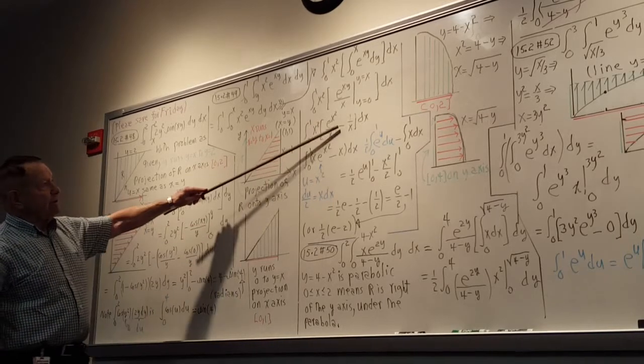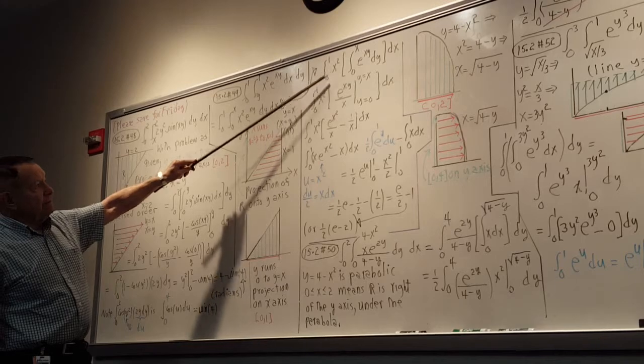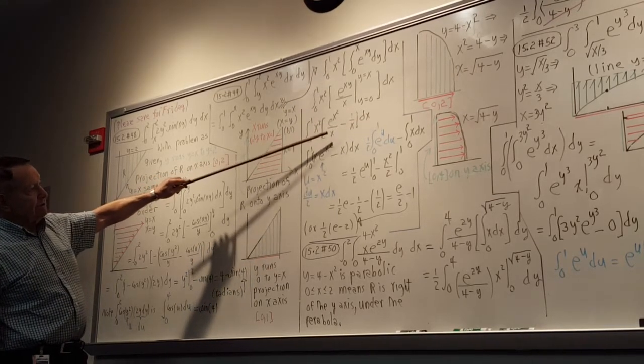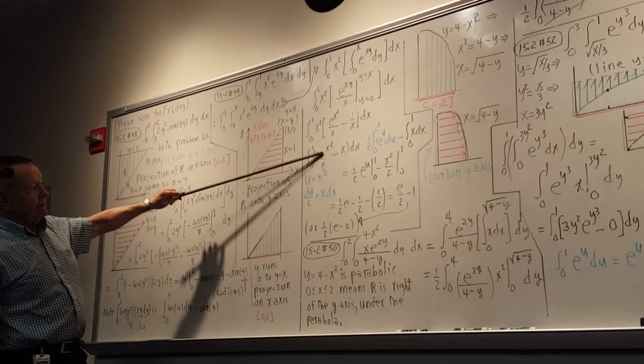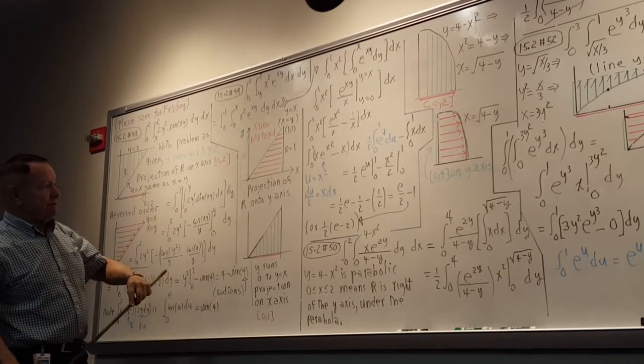So now all this gets multiplied by this factor, and then that all gets integrated with x. So notice this x cancels, so you get x e to the x squared, which you can do with u substitution.